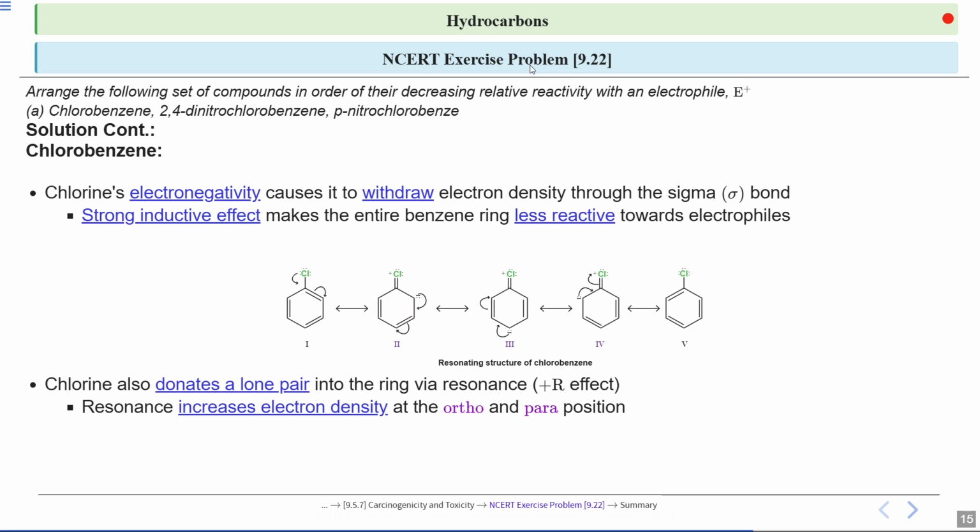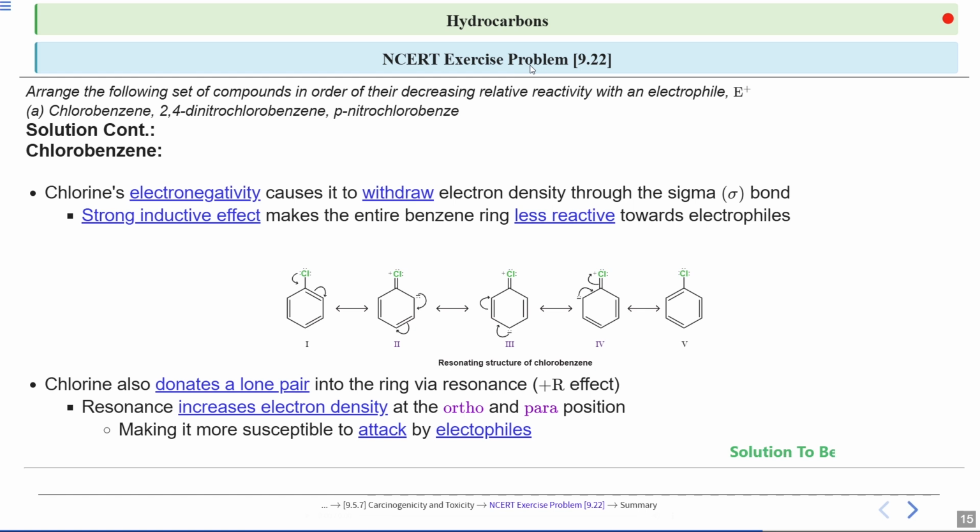This makes these positions more susceptible to attack by electrophiles, even though the overall ring is less reactive compared to benzene itself. So the key takeaway is that while chlorine withdraws electrons through the sigma bond, it also donates electrons through resonance, especially at the ortho and para positions. This dual effect influences where and how easily electrophilic substitution can occur on the ring.